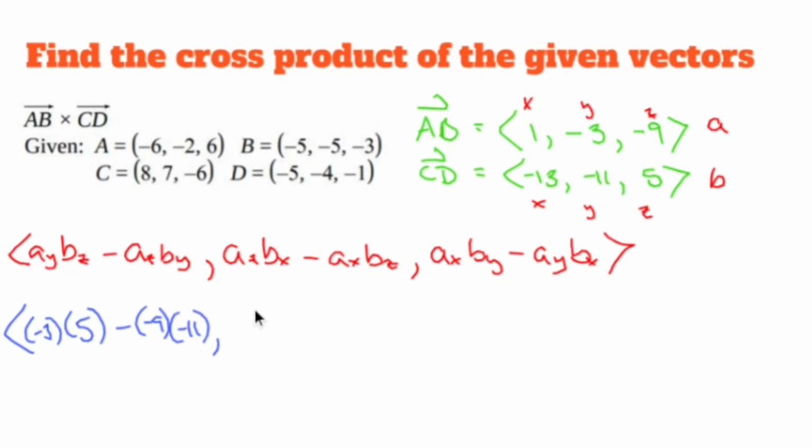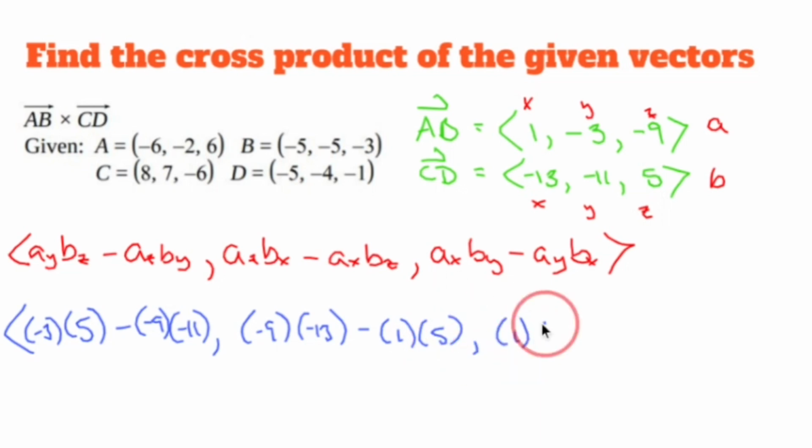We now have negative 9, b sub x is negative 13, minus a sub x, which is just 1, b sub z, which is 5. And then we have a sub x, which is 1, b sub y, which is negative 11, minus a sub y, which is negative 3, and b sub x, which is negative 13.